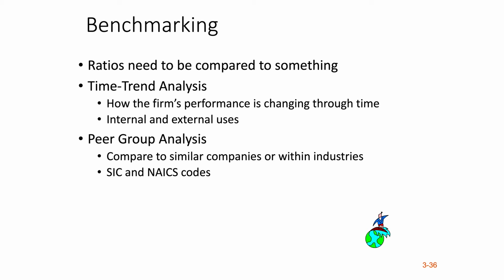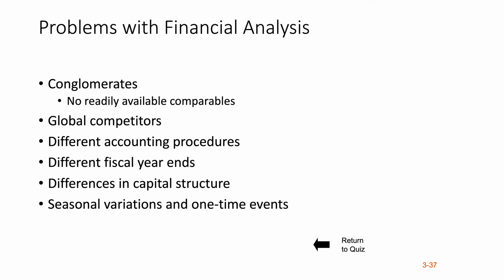Now, the problem with financial analysis is that companies are complicated and not readily comparable. For example, Apple: is Apple a computer company? Obviously not. A telephone company? Like HP: HP used to be printers, or computers, or medical equipment. Now they split off Agilent.